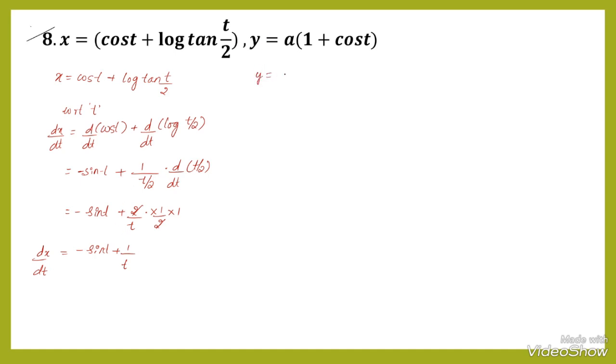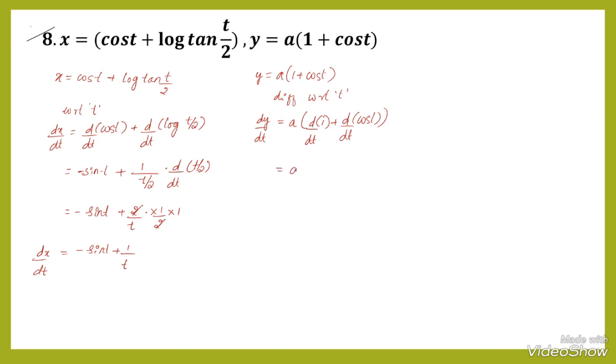Then y is equal to a into 1 plus cos t. Again, taking the differentiation with respect to the parameter t, dy by dt is equal to, a becomes a constant, d by dt of 1 plus d by dt of cos t.